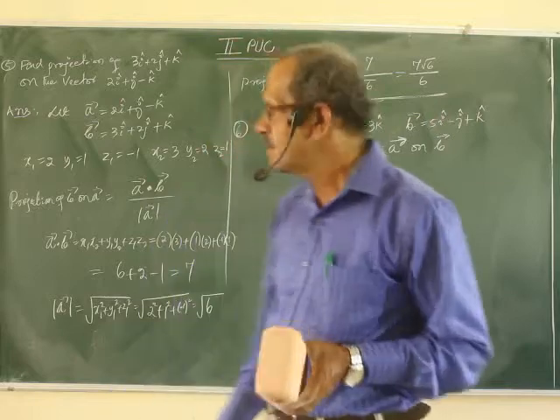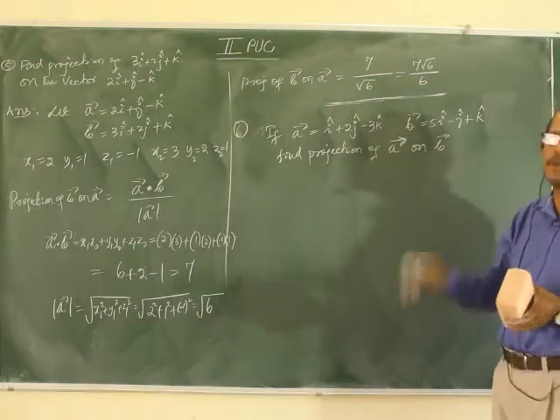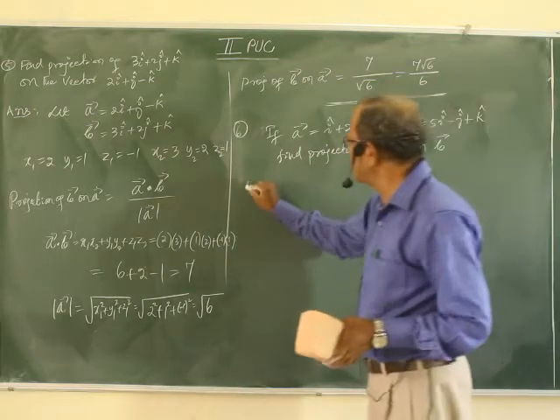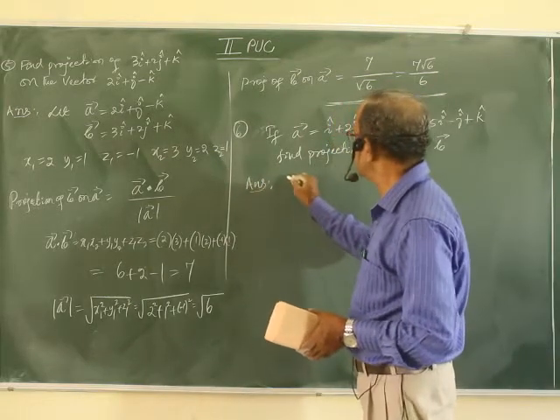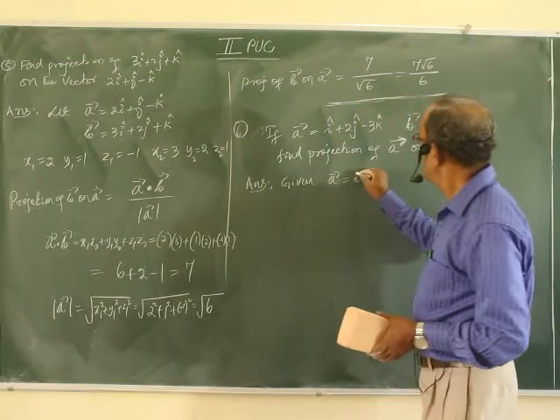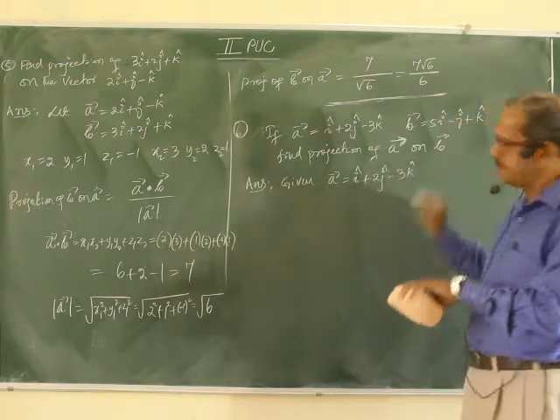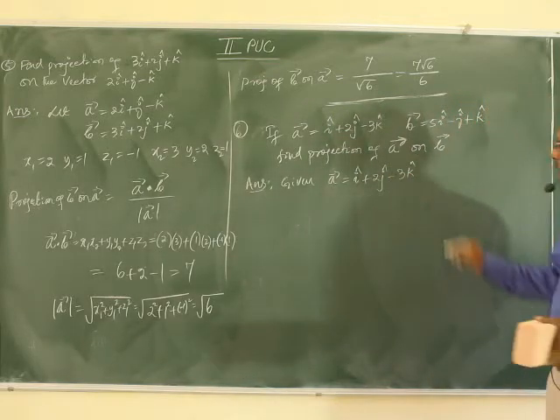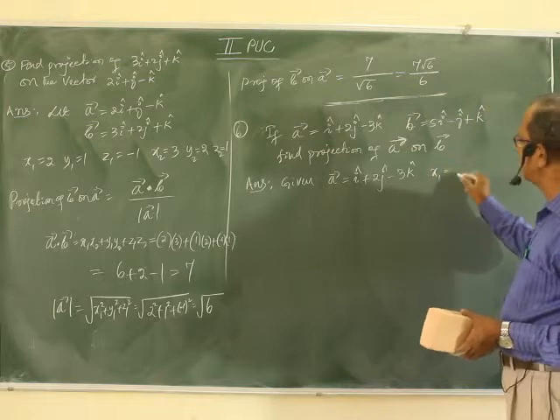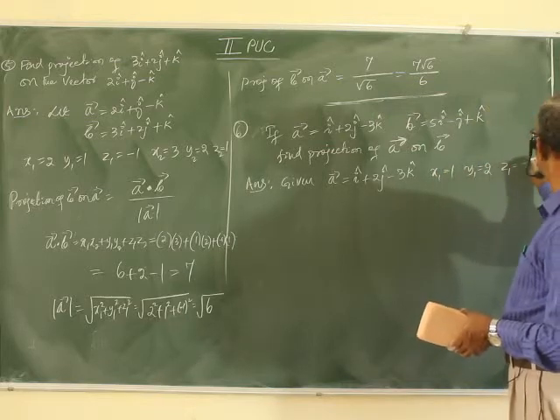Small change. Find projection not of B on A, but projection of A on B. Whatever it may be, let me list the things. Given A equal to i plus 2j minus 3k: x1 is 1, y1 is 2, z1 is minus 3.